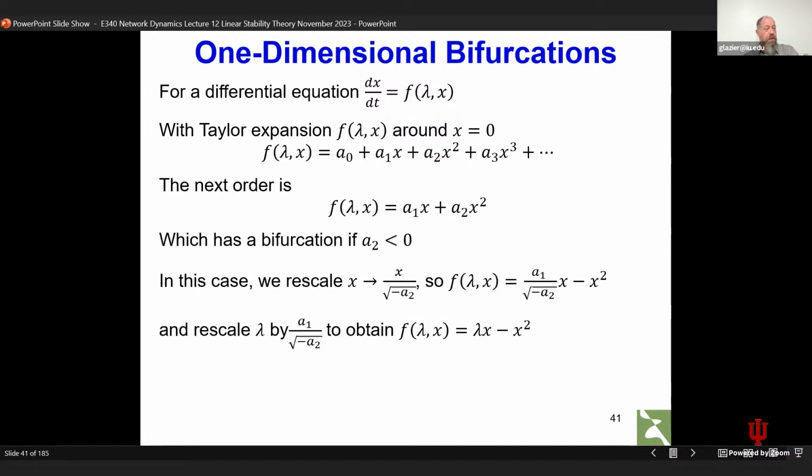The first one we had was a0 plus a2x squared. The next order one would be if a0 is 0, then we have a1x plus a2x squared. In this case, again, we divide x by the square root of a2, and we're left with f of lambda comma x is lambda x minus x squared.